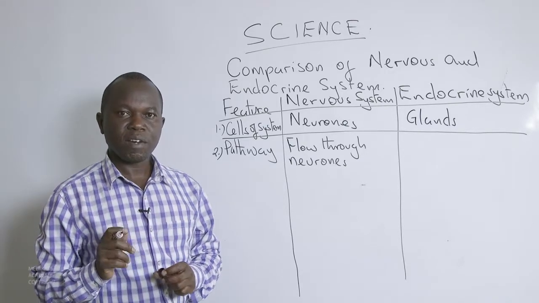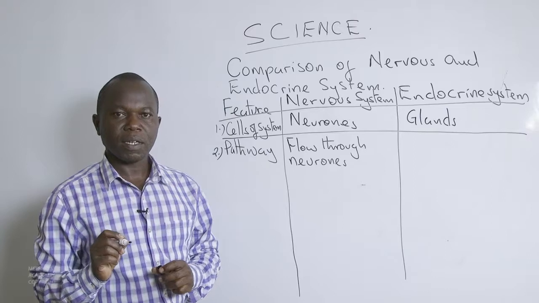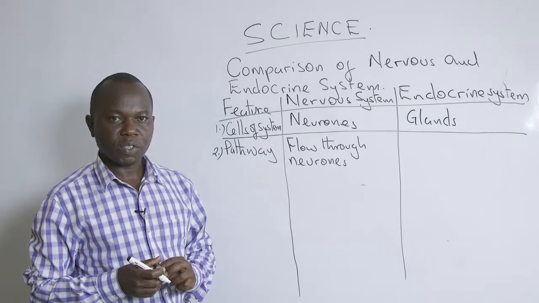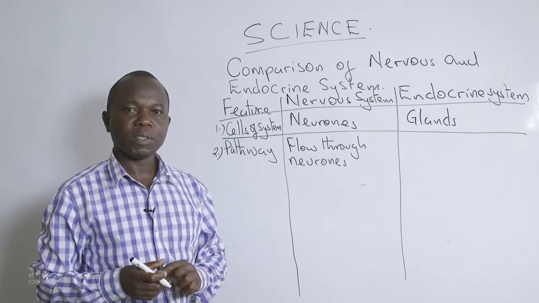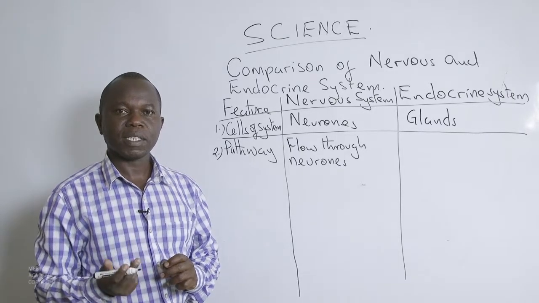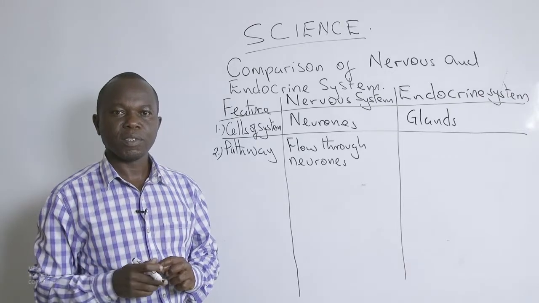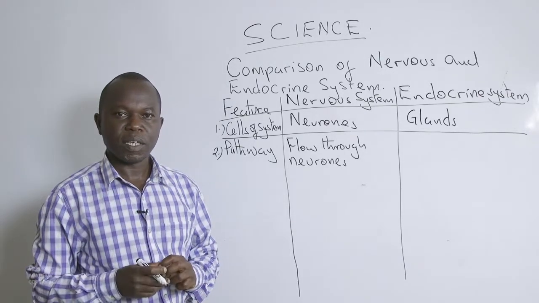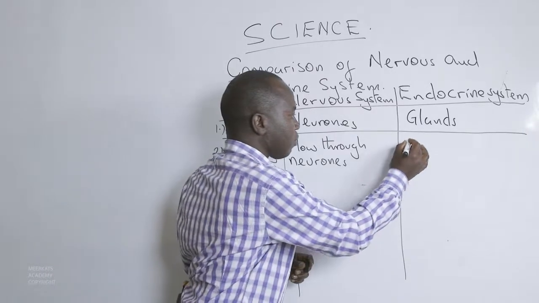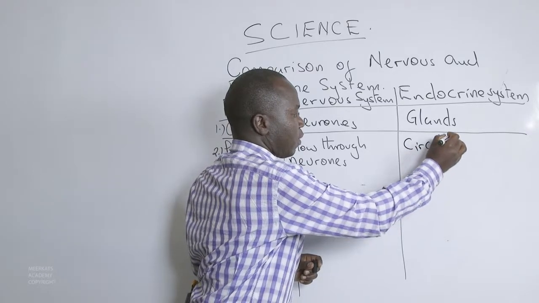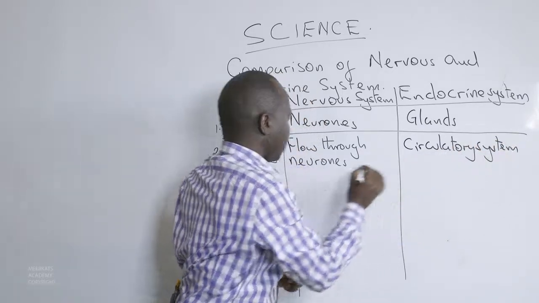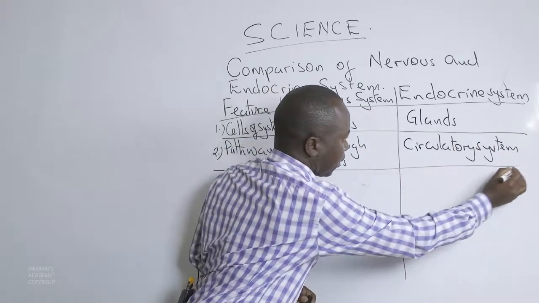But those hormones do not have a very clear path or route through which they are going to flow. So instead, glands will release hormones which will diffuse into the blood system, and then the blood system takes over the role of transporting hormones from the glands to the effector organs. So the pathway becomes blood, the circulatory system. Circulatory system is the pathway.